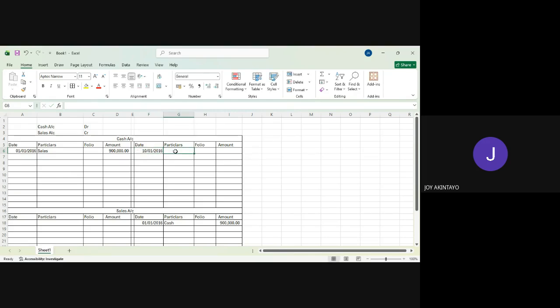So rent, abi? Yes. How much? 250,000. So you record your 250,000 naira here.